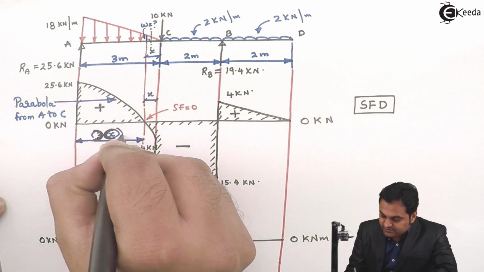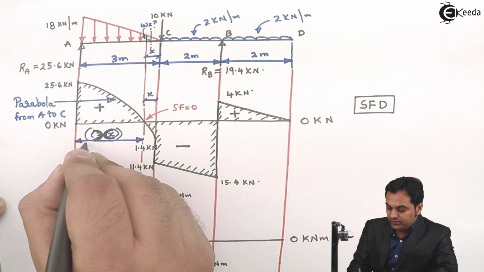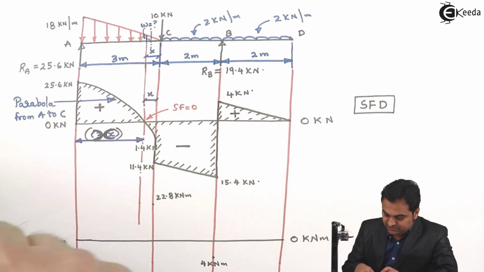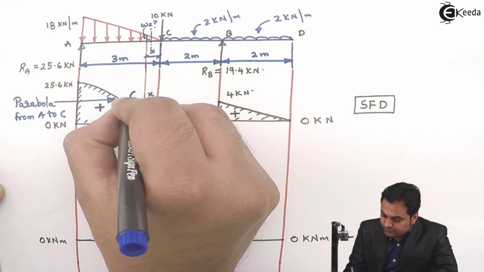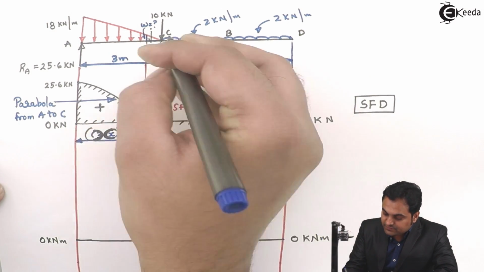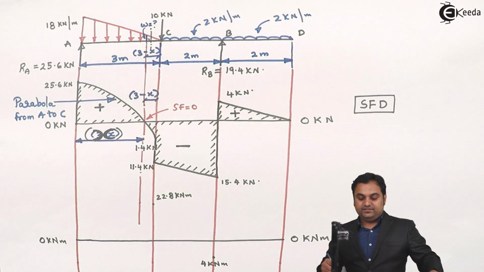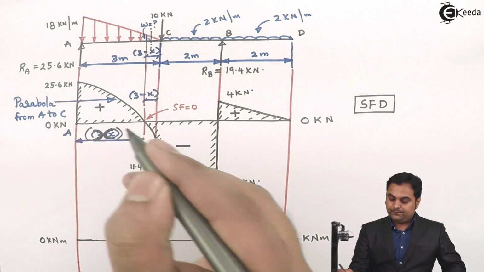So when this is x, the total distance is 3. So the small amount of distance here will become 3 minus x. So this is 3 minus x. I'll find the distance with respect to point A.